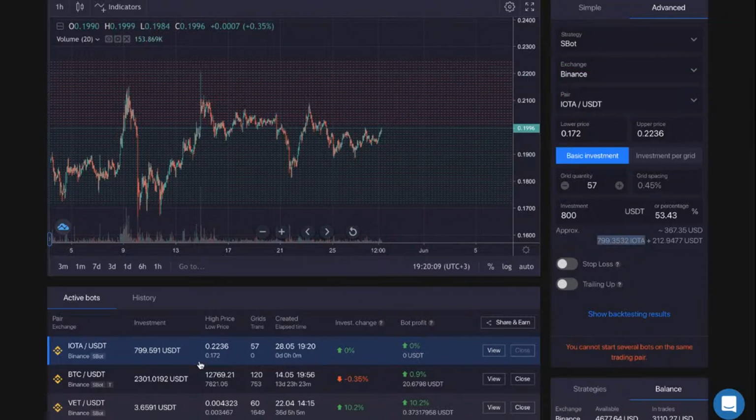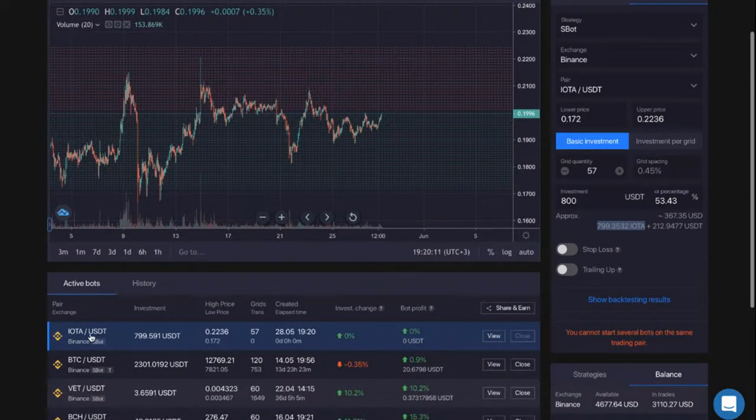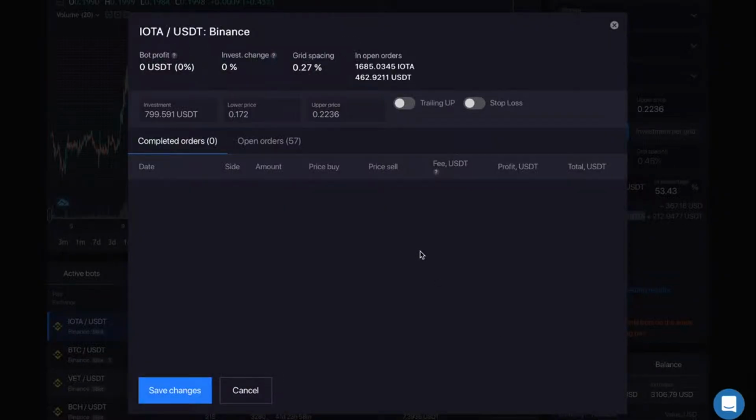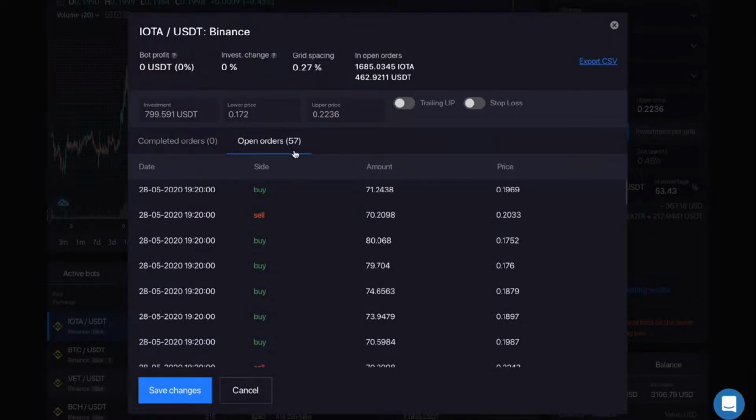And now you can see that I have IOTA trading to USDT in my active bots, and when I click on the view button, I can see all of the open orders. That's exactly 57 grid levels. So I have buy orders, a proportionate distribution, so it will buy that amount of IOTA at that price in case it drops to this level.